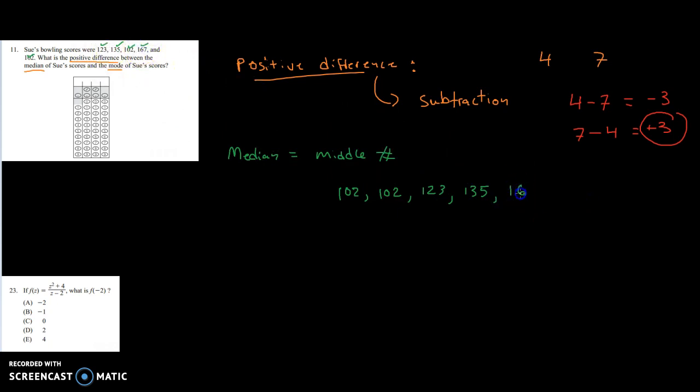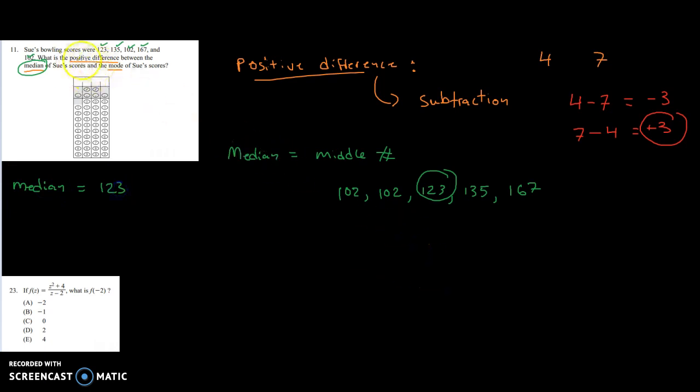Okay, so this is very important. Anytime you're asked to find a median, the middle number, you have to arrange them in order from least to greatest. Once we've done that, the middle number has to be 123. So we know the median in this problem is equal to 123.